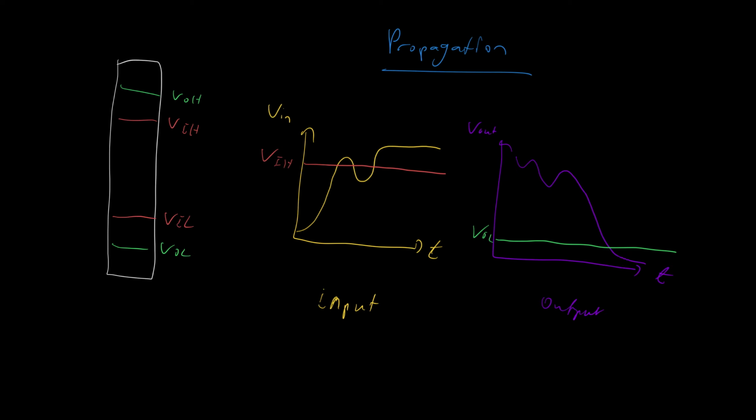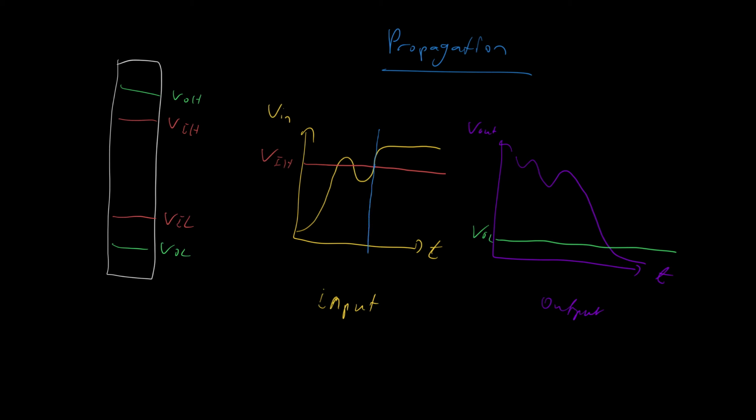So in this diagram here, the input changes from a logic 0 to a logic 1, but it drops out of the logic 1 state and only re-enters the logic 1 state and remains in the logic 1 state here.